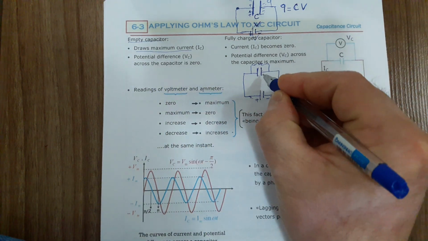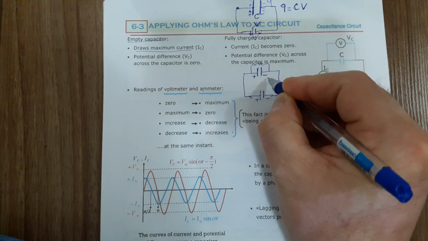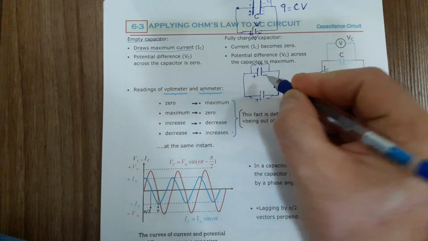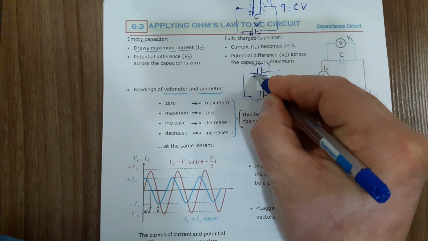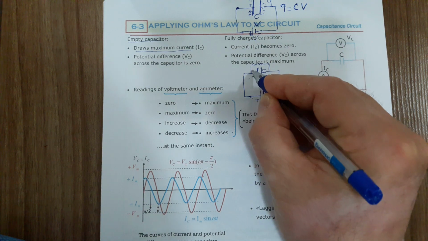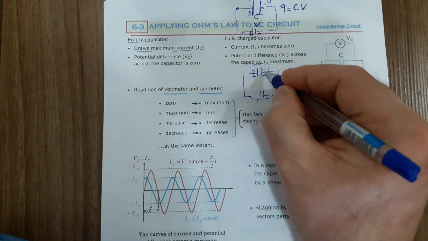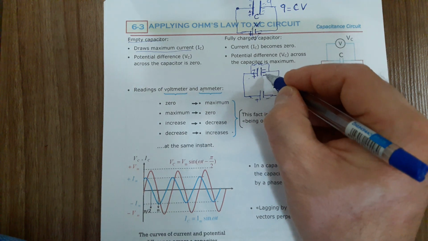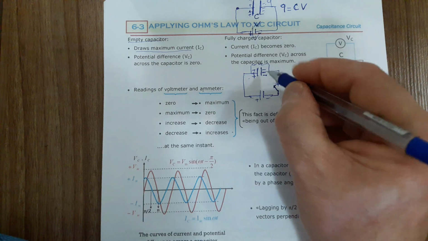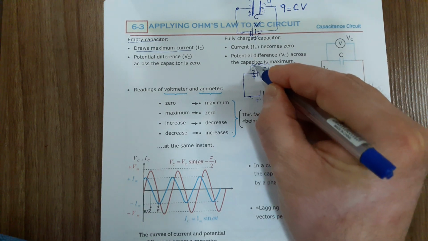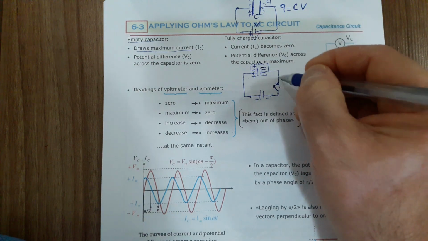But as time passes, this capacitor starts to be charged. Initially, one negative, one positive. Later, two negative, two positive. Then three negative, three positive. As time passes, the capacitor becomes polarized, and this causes an increase in potential difference. Finally, the capacitor becomes completely charged, and there is no space for additional charges to move.